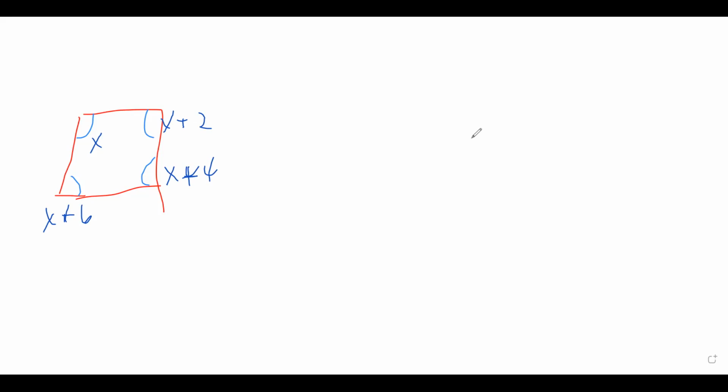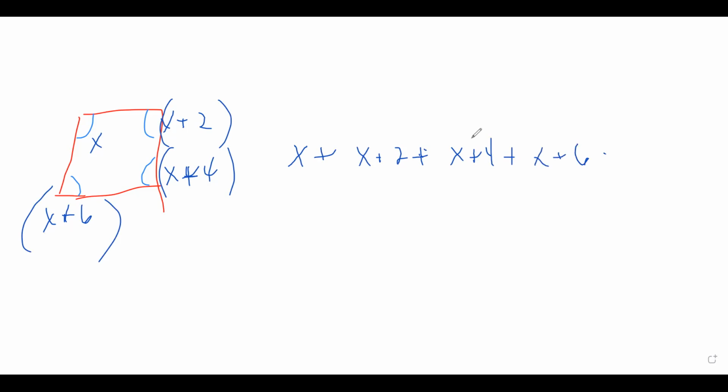And here's what I know about those angles. If we add them up, the sum of the measures of the 4 angles is 360 degrees. So if I take my first angle, which was x, and add my second angle, x plus 2, and my third angle, x plus 4, and my fourth angle, x plus 6, that's going to be equal to 360 degrees.